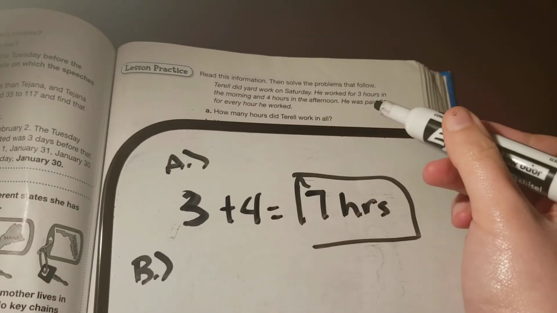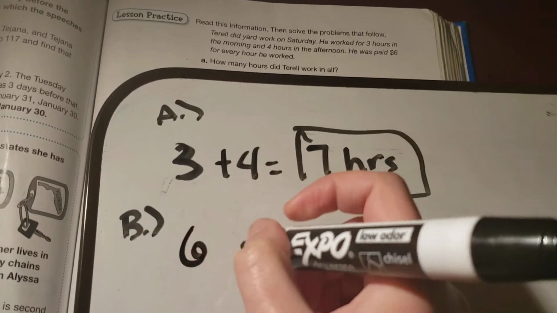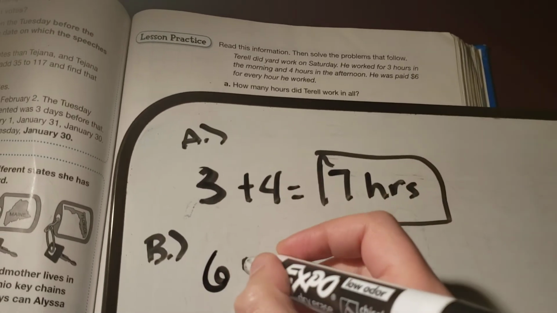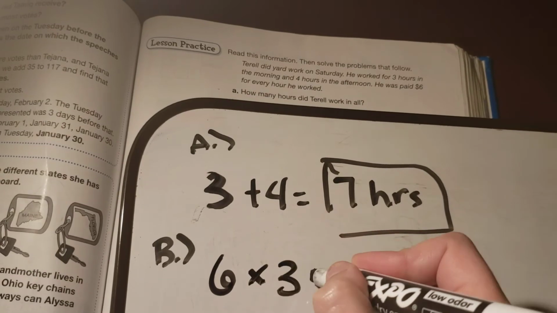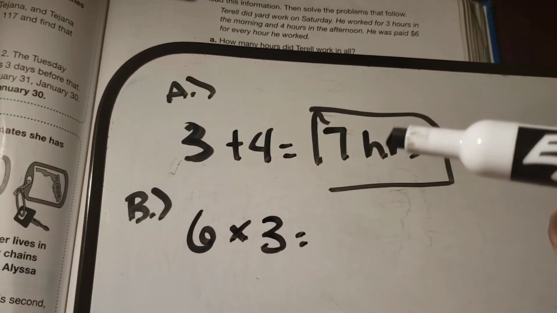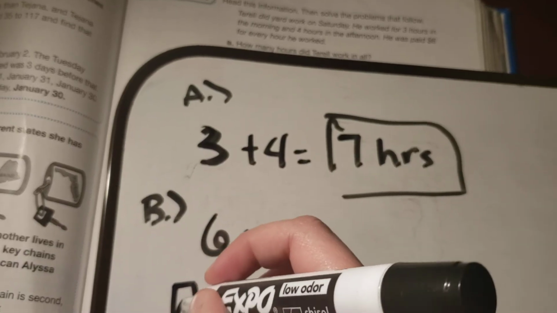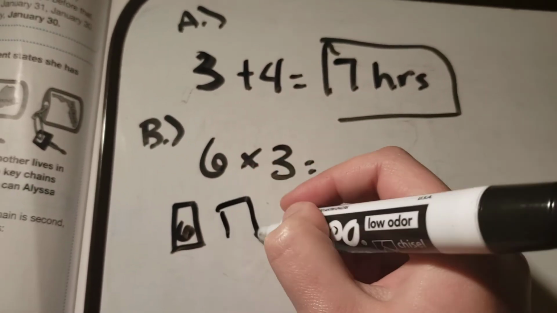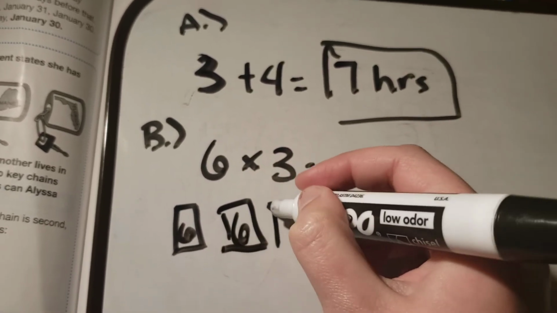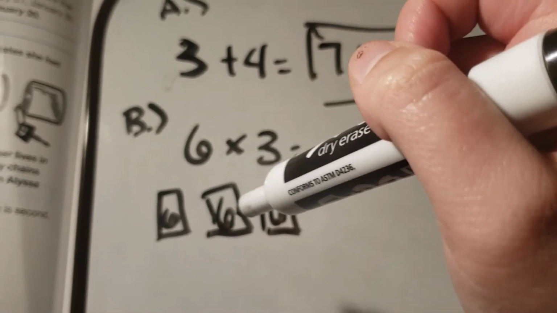Part B asks, how much money did Terrell earn in the morning? And this tells us he was paid $6 for every hour he worked. So $6, and in the morning he worked 3 hours. So we're going to multiply, because if we just add, that doesn't tell us very much. We have to think of it as hour 1, that's $6, hour 2, $6, and hour 3, $6. So if we picture it that way, we know then that we're multiplying.